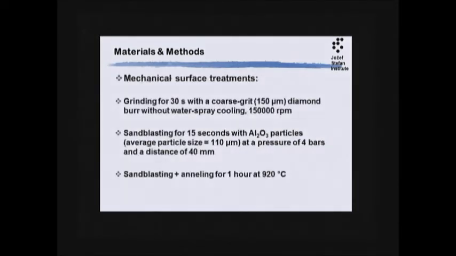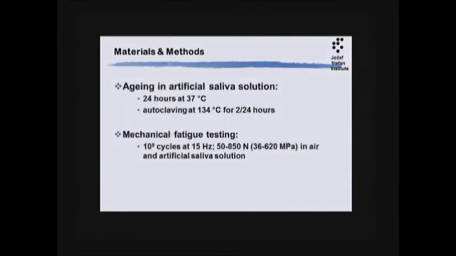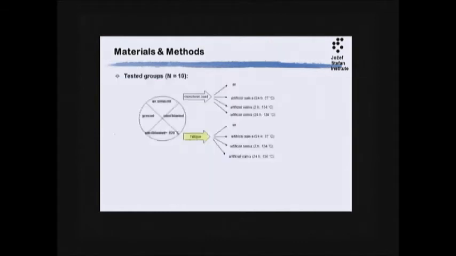We applied the same surface treatment, and we had another group which was sandblasted plus annealed for 1 hour, and the testing conditions were, I think, as before. So we divided those specimens into groups.